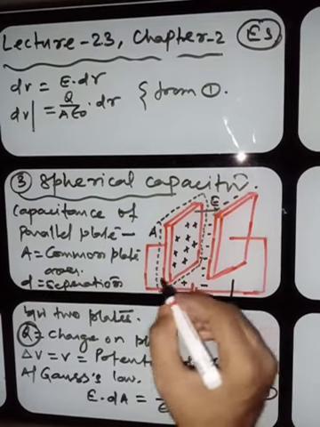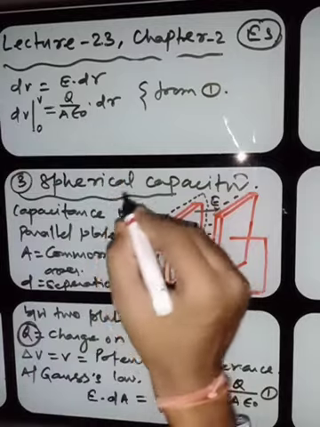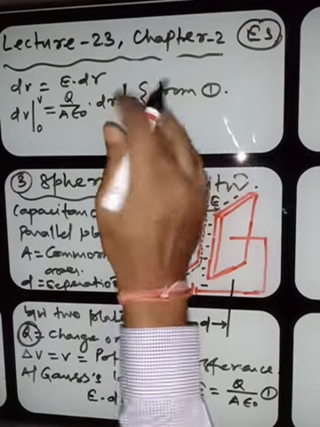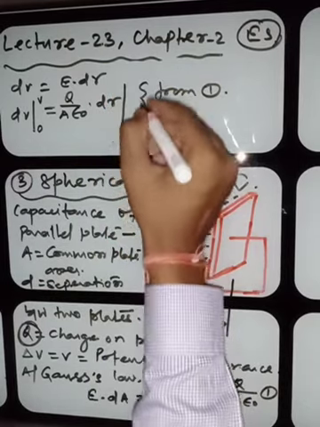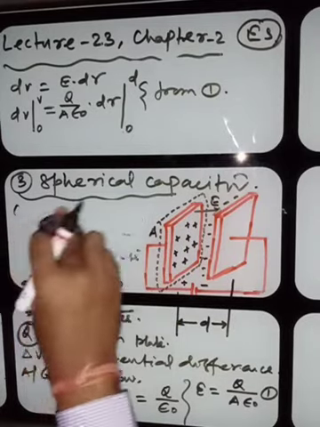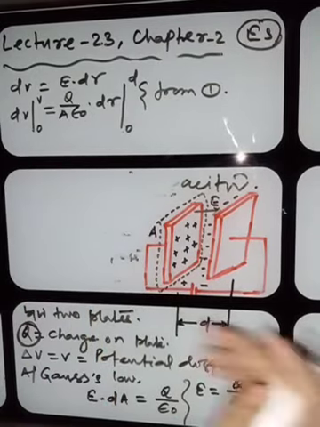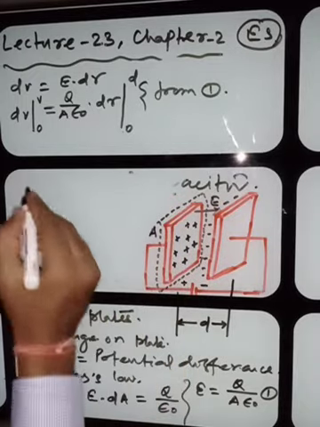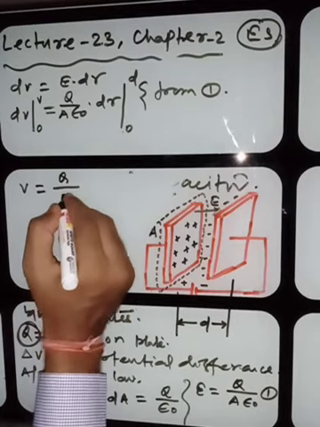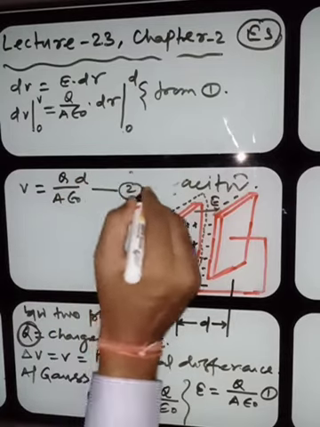The potential will move from 0 to V, and the separation from 0 to D. Then V is equal to Q by A epsilon naught times D. This is equation 2.